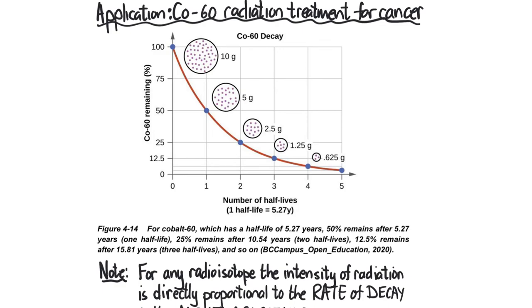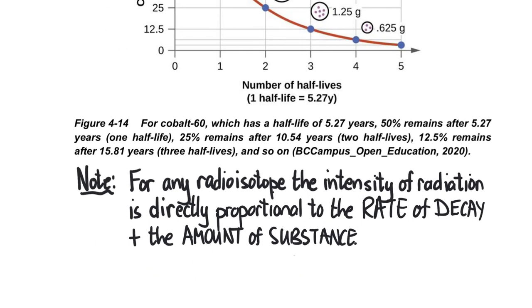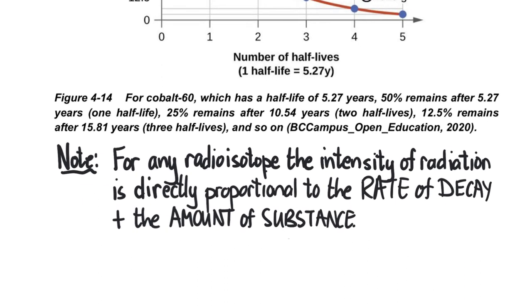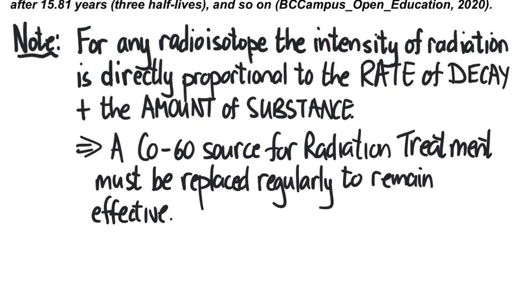Now, for any radioisotope, the intensity of radiation is directly proportional to the rate of decay and the amount of substance. Therefore, a cobalt-60 source for radiation treatment must be replaced regularly to remain effective. You wouldn't want to use a depleted cobalt-60 source, which would require a person undergoing treatment to sit for days on end in order to get enough intensity of radiation from the sample, because it has so little undecayed cobalt-60 nuclei left over.